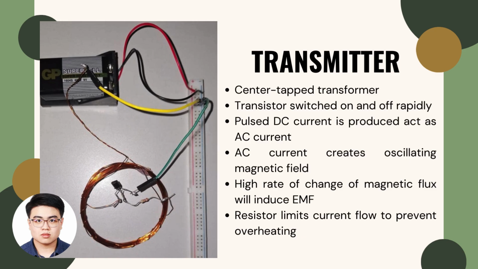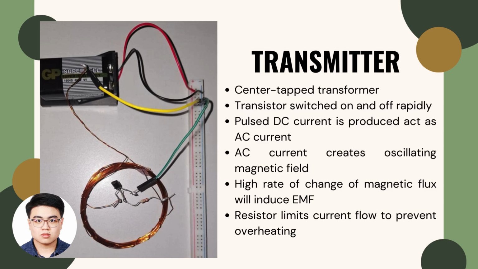Therefore, a pulsed DC current is produced that acts as an AC current flowing in the copper windings, and this AC current creates an oscillating magnetic field. This oscillating magnetic field has a high rate of change of magnetic flux that will induce EMF in the receiver part. I should mention that the resistor limits the current flow to prevent overheating.